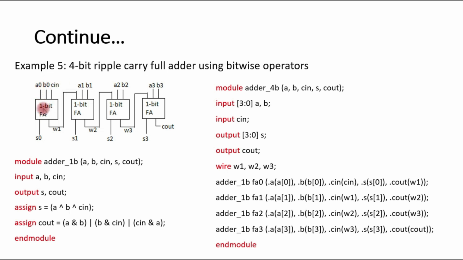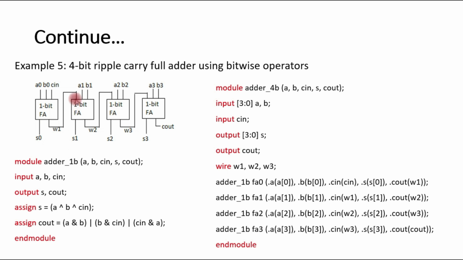For the first 1-bit full adder, input signals are A0, B0 and carry in, and the output of this full adder circuit will be the 1-bit for the final sum output, that is S0, and the carry output will be the intermediate terminal.